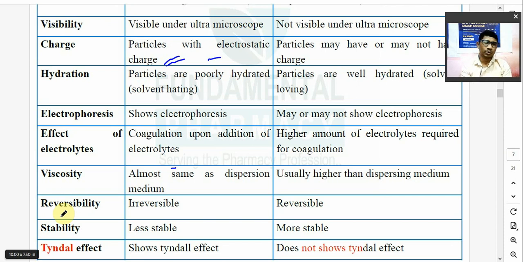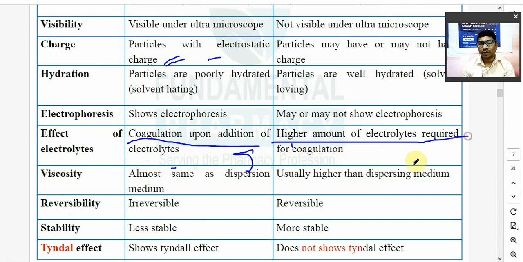If you add an oppositely charged electrolyte in a small amount, there is a coagulation. To precipitate the lyophilic colloid, you require a higher amount of electrolyte.